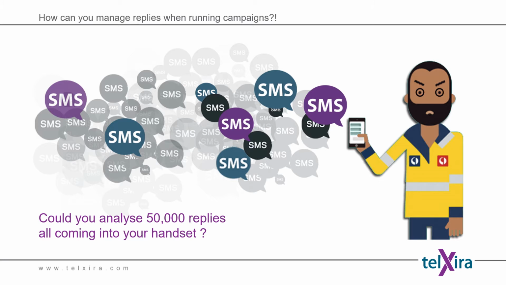So, if you send a campaign out to 50,000 people, then you don't necessarily want all those answers coming into your personal handset, right? So, how would you handle them? How would you analyze them?